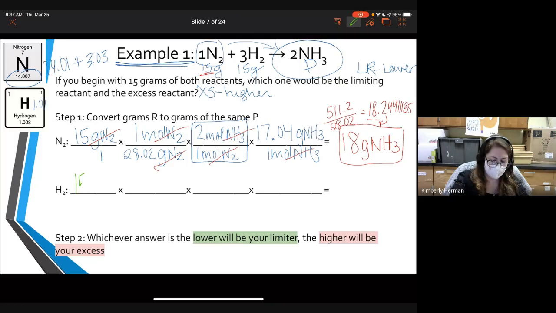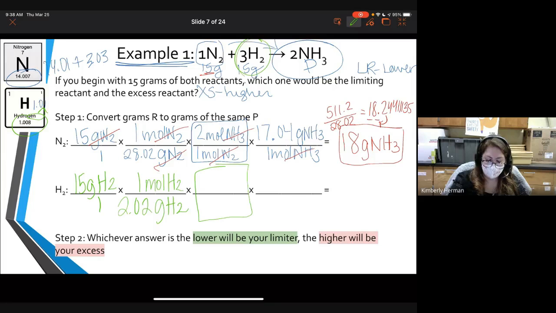We still start with 15 grams, but now we're going to write H2. We need to have grams of H2 on the bottom, so 1 H is 1.01, so 2 H's would be 2.02. We wrote grams, so we need moles there, so 1 mole of H2. Now we're at our mole ratio, so we find that it's going to be 3 moles of H2, and we're still going to that same product, so we have 2 moles of NH3.